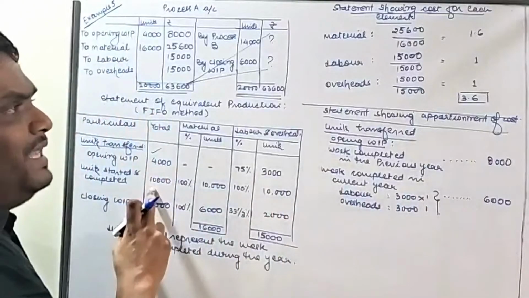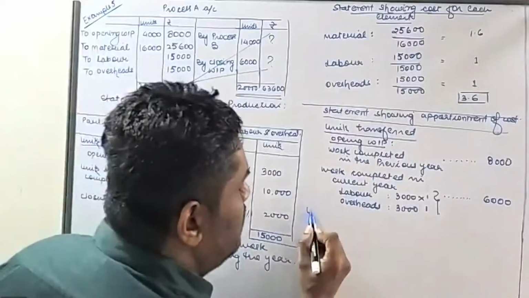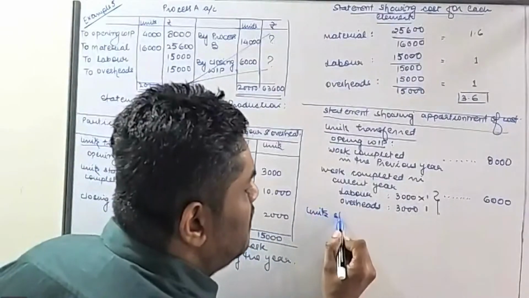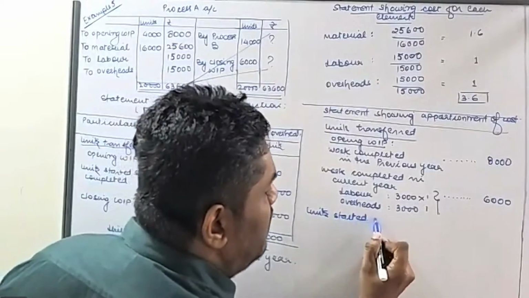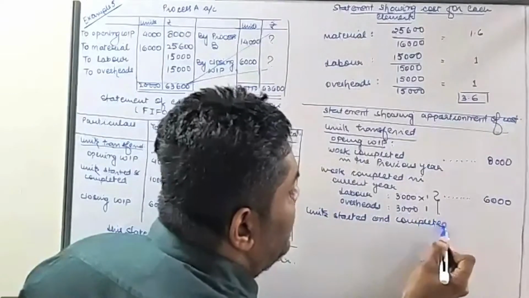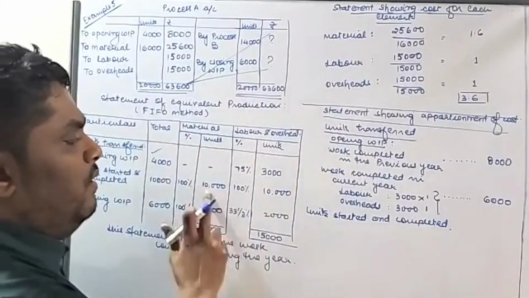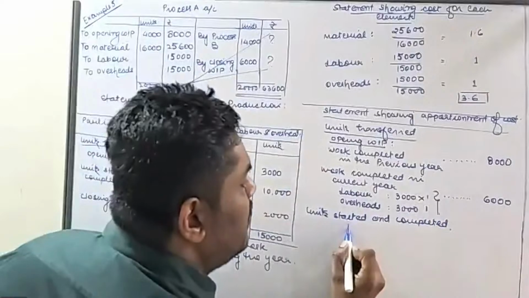Now these 10,000 units were from the inputs that are made during the year. So we can say units started and completed. How many units? For material, labor, everything is 10,000.